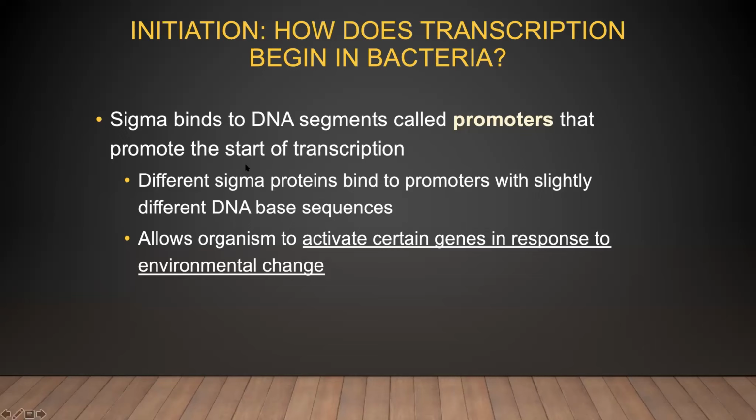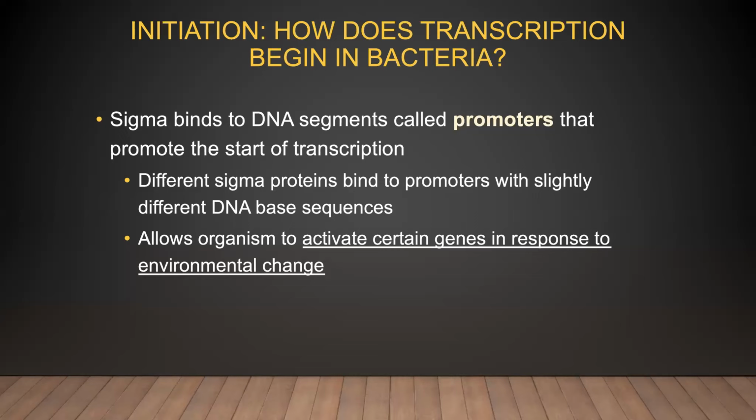There are different types of sigma proteins that bind to these promoters that have slightly different DNA-based sequences so that it knows where to bind to generate a specific gene or protein. If you think about how long the DNA strand is and that there are different regions of that DNA that code for specific proteins, you can think that there are different sigma proteins that recognize certain regions of that DNA that will then initiate the process of transcription.